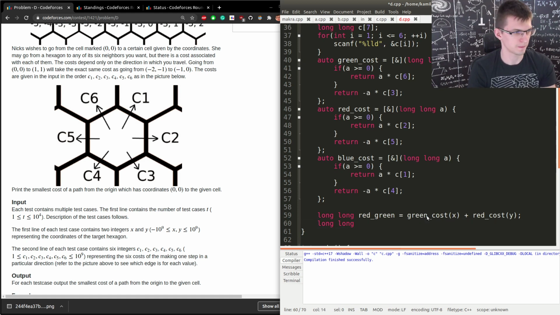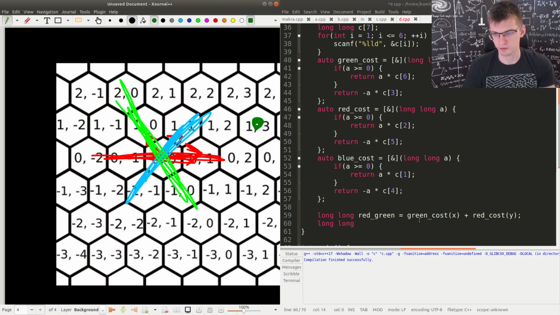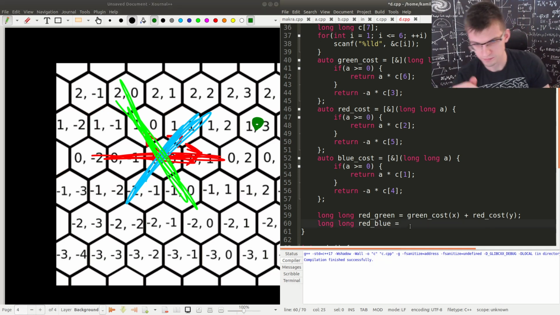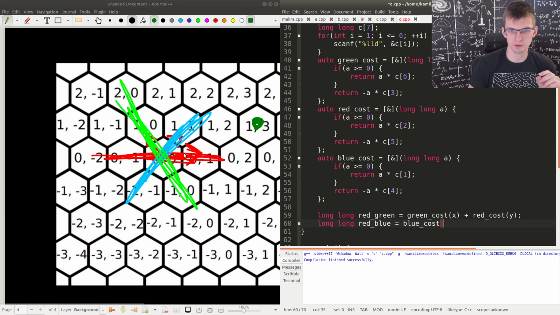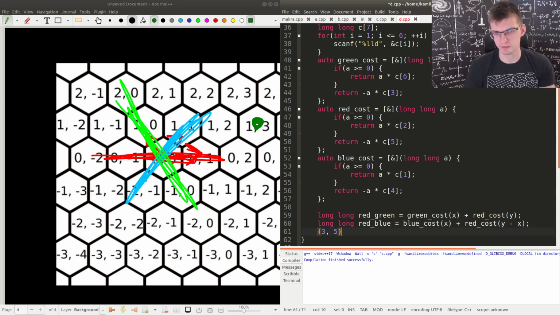Then the more complicated stuff. Let's go with red blue. Red, there will be some formula. Oh, blue must be only blue here modifies the first coordinate, and then red I unnecessarily moved by that much, right? Like for example, if it's 3, 5, then 3 times I will move with blue and twice I will move with red.